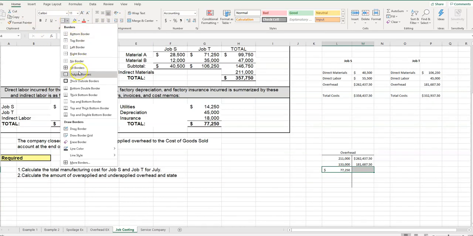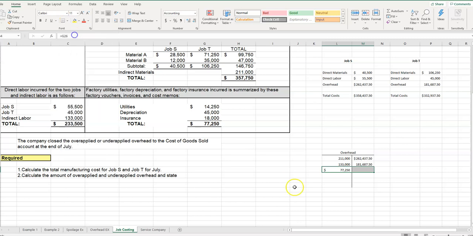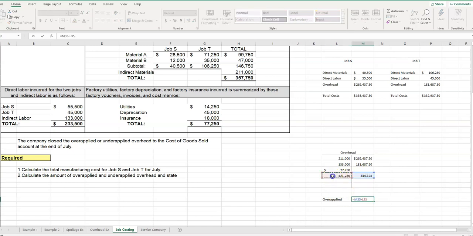We sum our overhead account, debits and credits, to determine if we've over or under applied overhead. What we see here is that the credit side is higher than the debit side, which means we have over applied overhead. So over applied by $22,875, which we would write off to cost of goods sold.